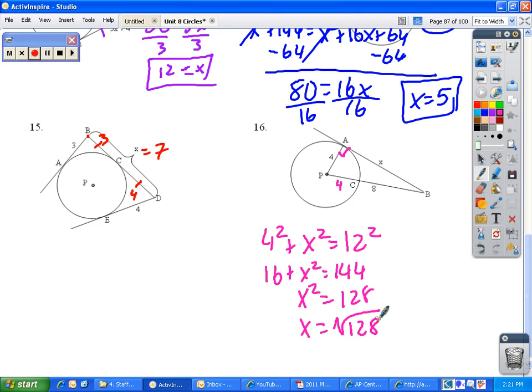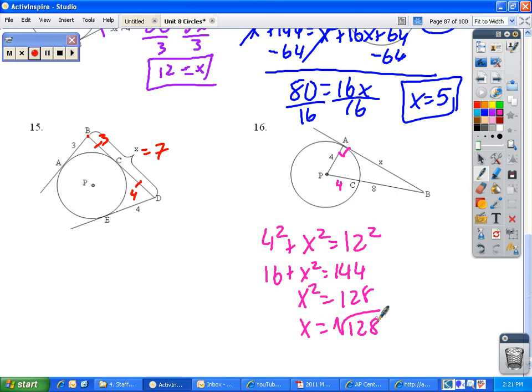I believe that can be simplified by dividing it by 4 and even 16. 128 divided by 16 is just 8, which means it can go even more. It can be divided by 32.